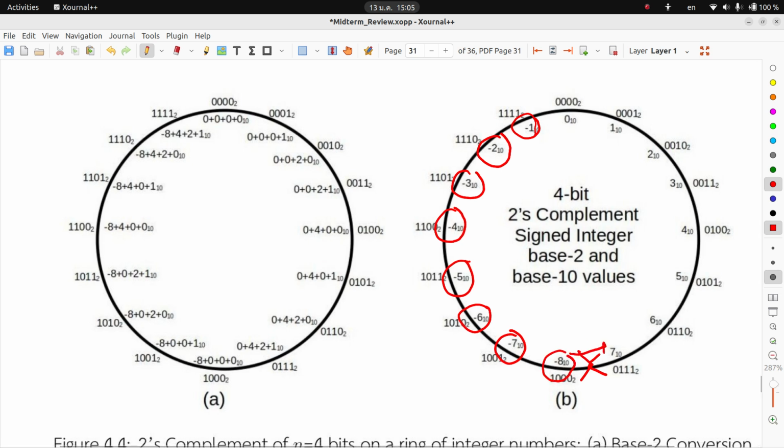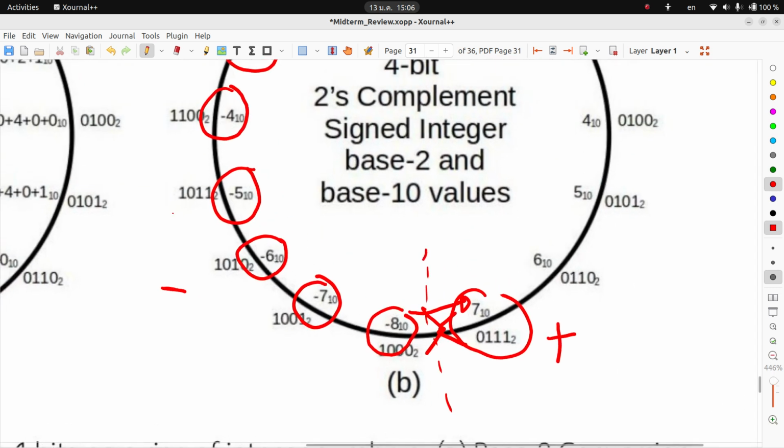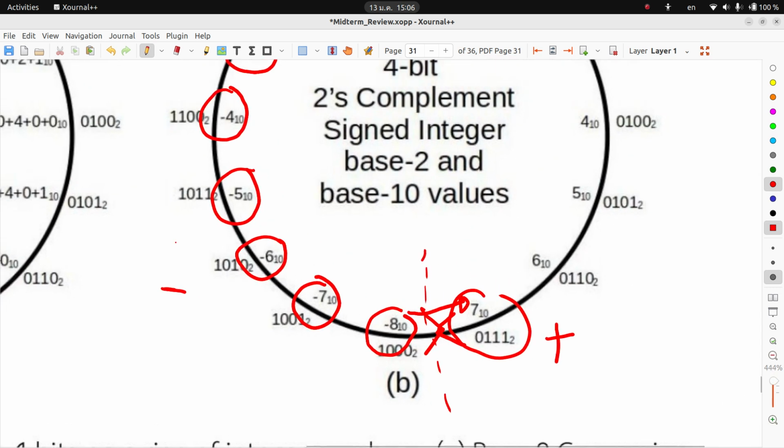And then when you subtract one more, you cross the boundary. This is the boundary to become a positive number. This is the negative part. Okay? That's why this circle line number is so important.